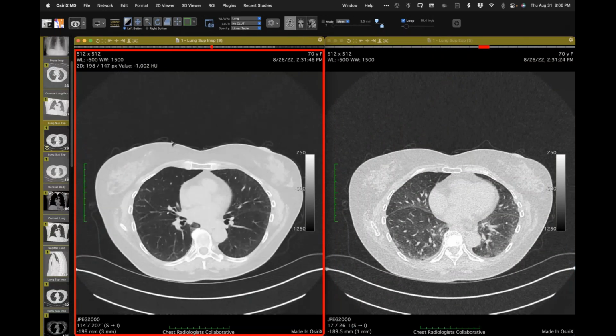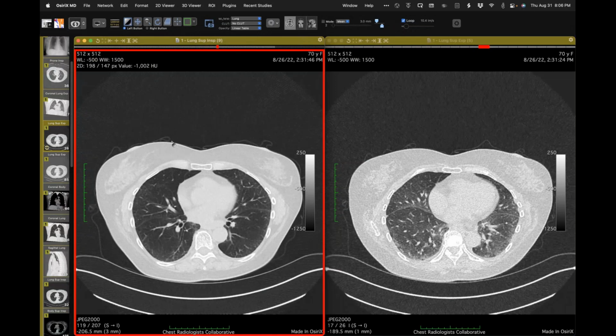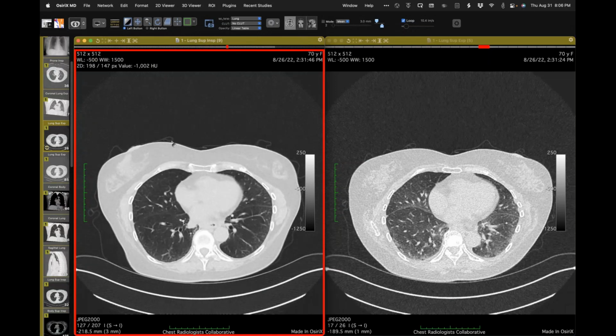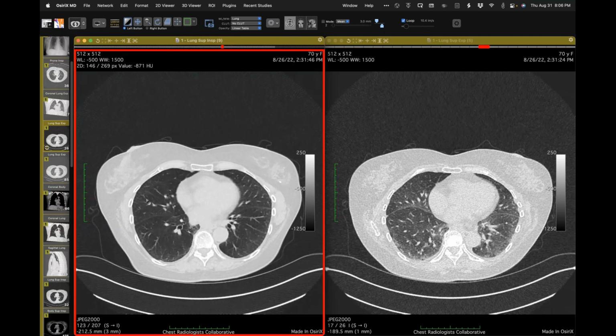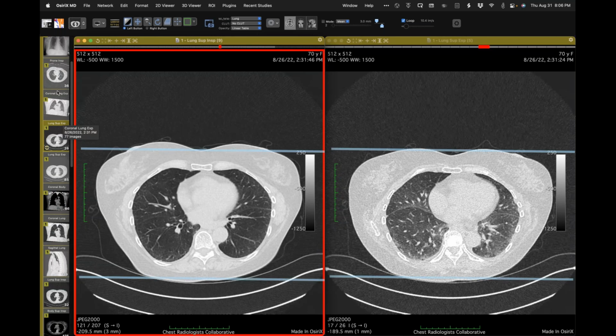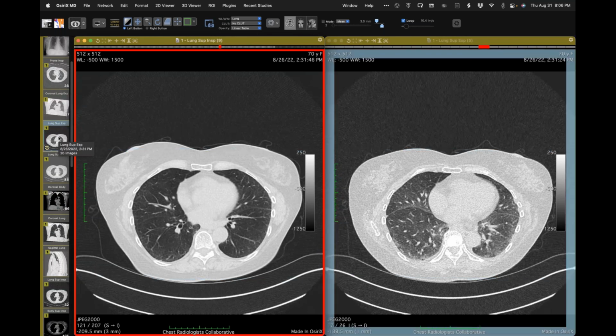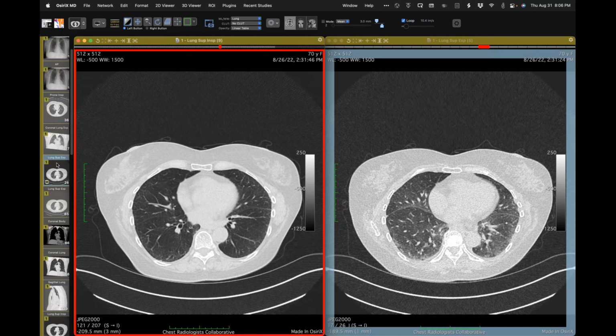So this particular place does a combination, as you can see on the left, of 3 millimeter section thickness. And then here they do prone images, they do expiration. Give me a moment here.